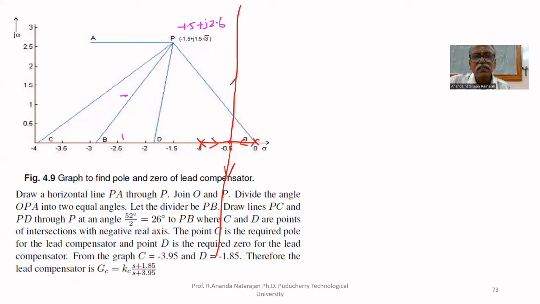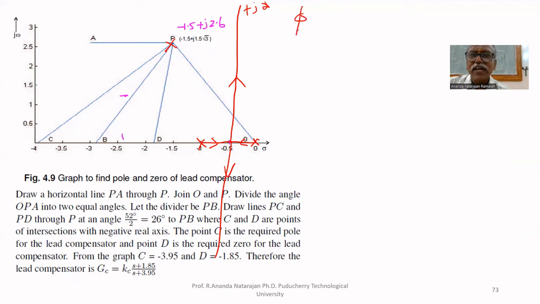This is the root locus. One goes to minus j infinity, another goes to plus j infinity. But it is not passing through that point P. P is plus minus 1.5 plus j 2.6. So to make the root locus pass through that point, we have to find the angle of deficiency.